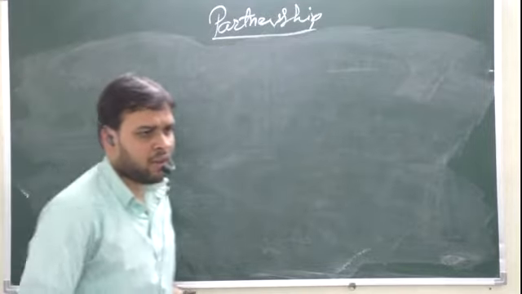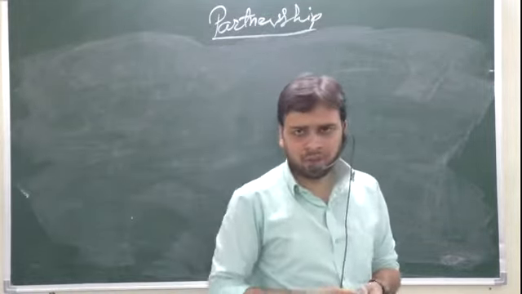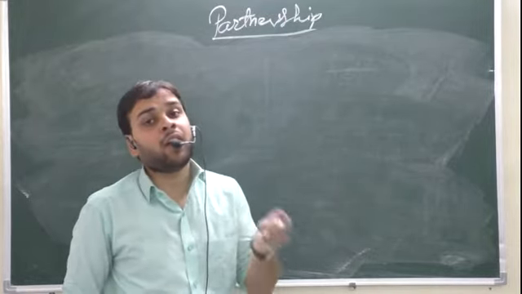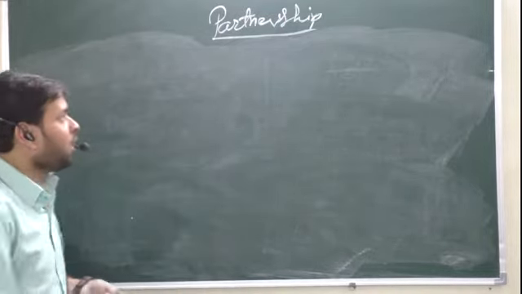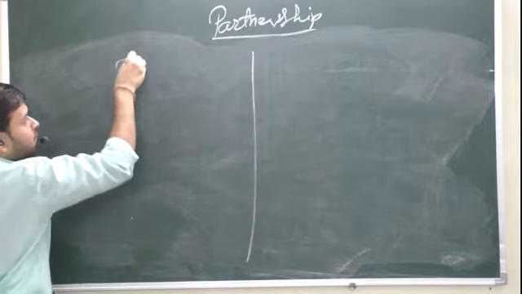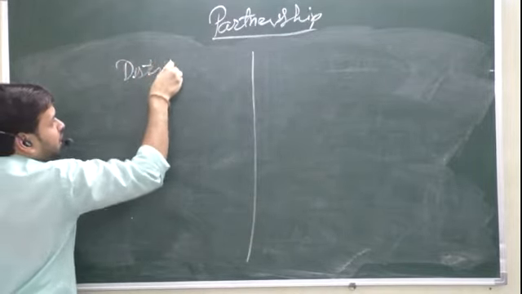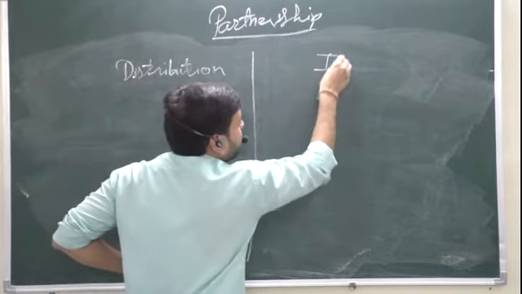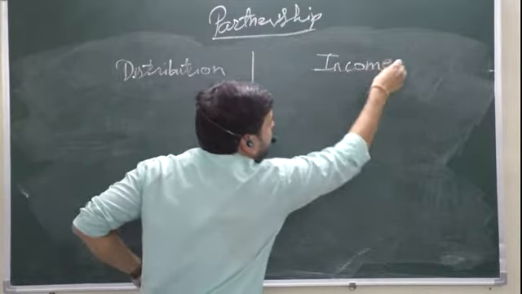So first entry, and first we have to learn what are the distributions for the firm and what are the incomes from the firm. So distributions for the firm, on one hand, and on the other hand the income of the firm.